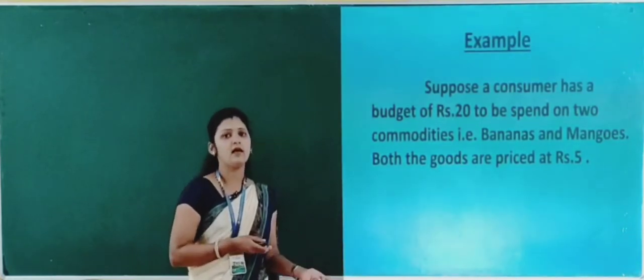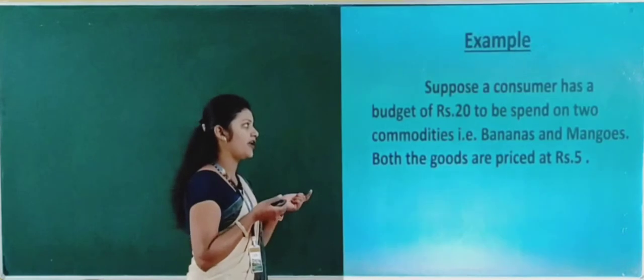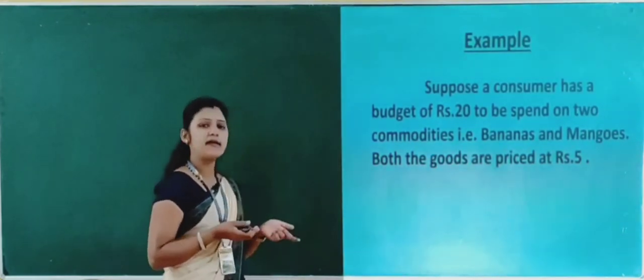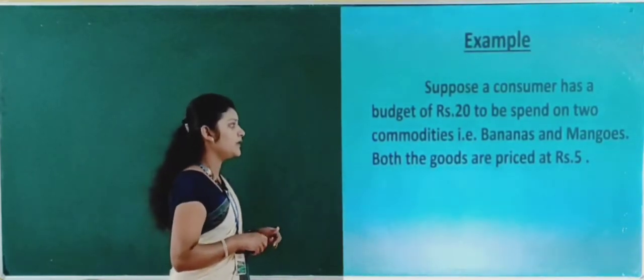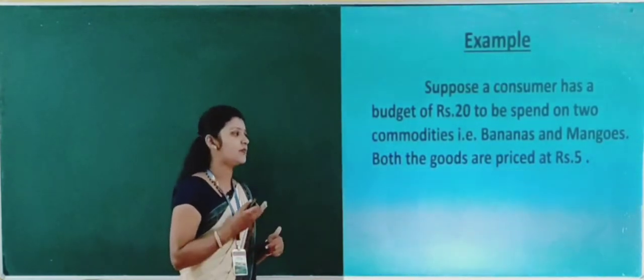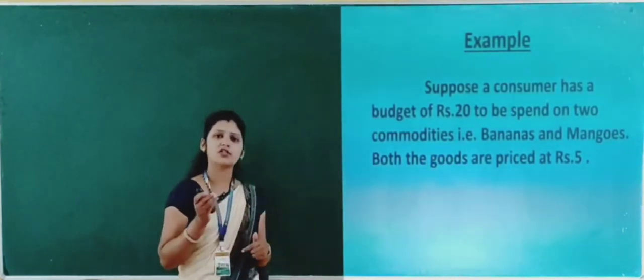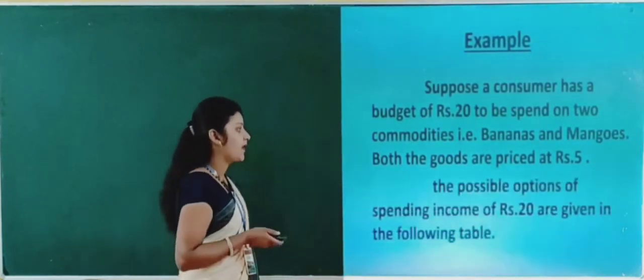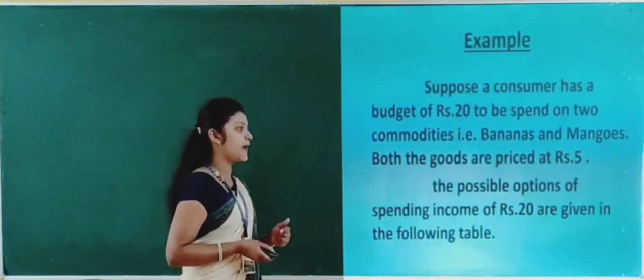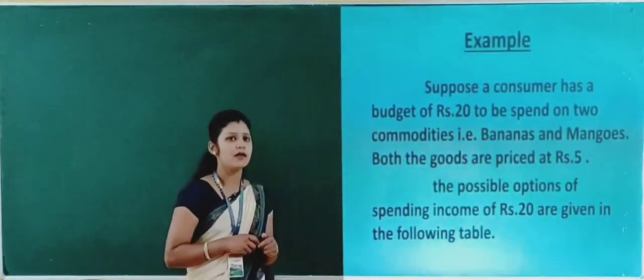There I took commodity X and Y, or you may also take bananas and mangoes. Both the goods are priced at rupees 5. The price of banana is 5, and the price of mango is 5. The possible options of spending income of rupees 20 are given in the following table.